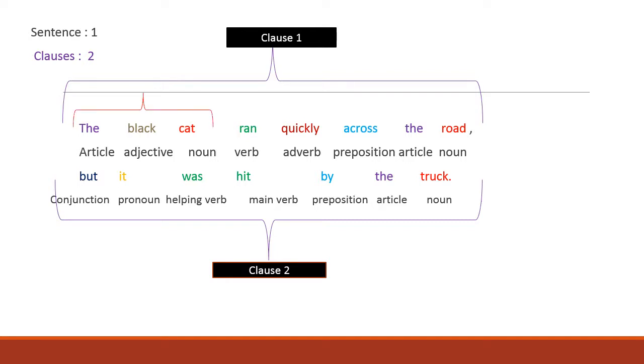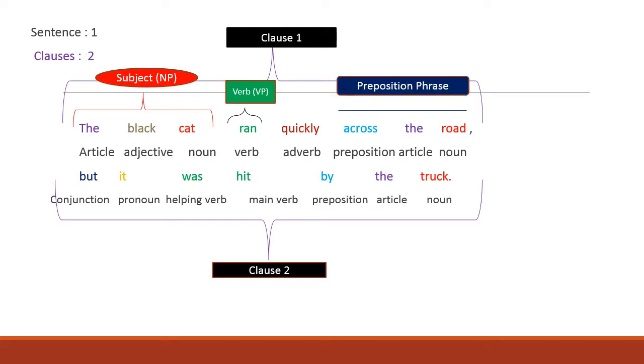In this clause, we have a noun phrase or the subject, the black cat. Then we also have a verb or a verb phrase, ran. Then we have an adverb, quickly, and then a prepositional phrase, across the road. Let's get to clause number 2.